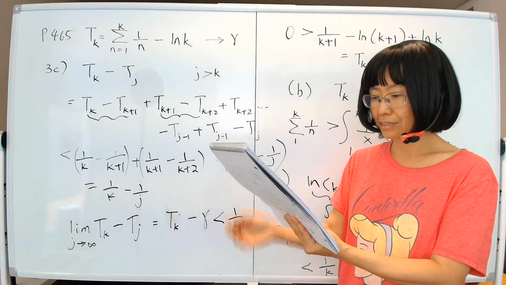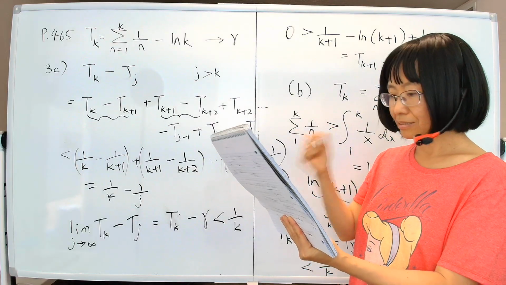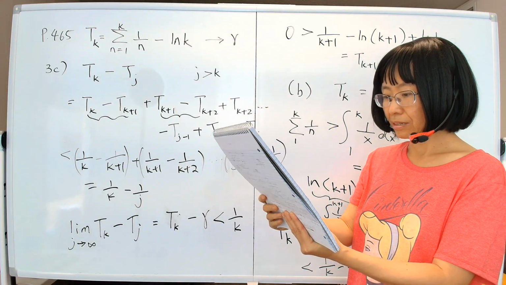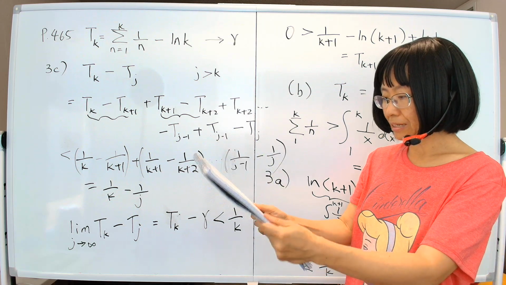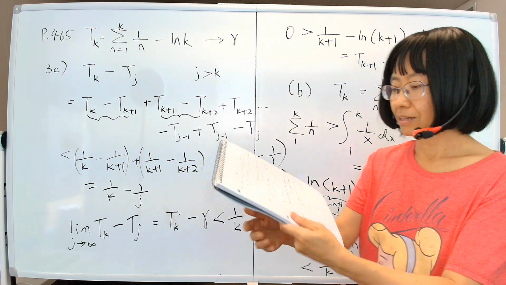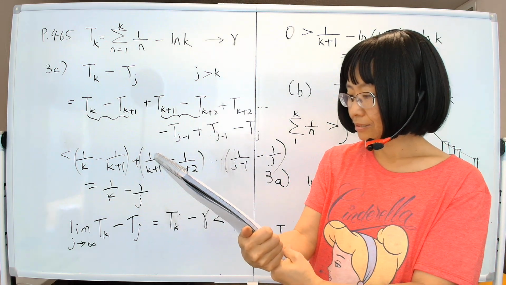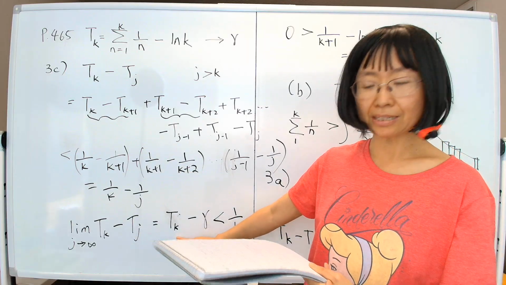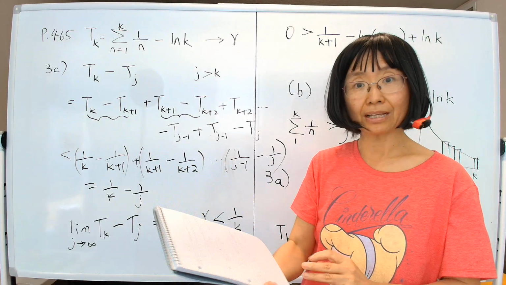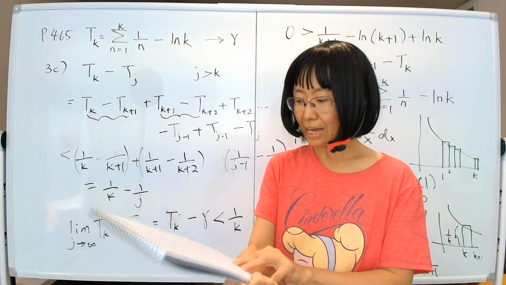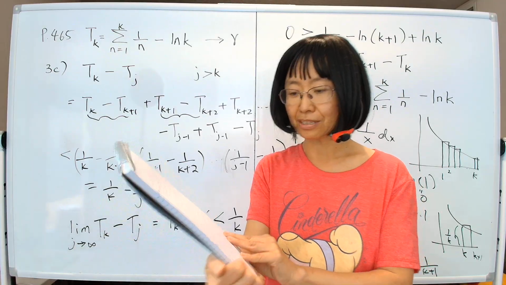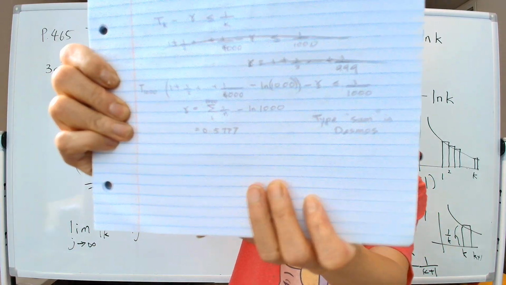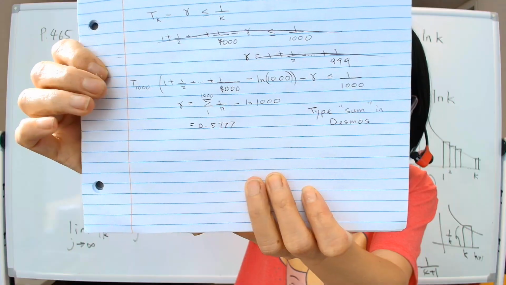We have T1000, which is the gamma. We'll calculate what tk is when k is 1,000. To do that, you can type sum into Desmos, which is what I did. I didn't take a picture of it, but you get the idea.